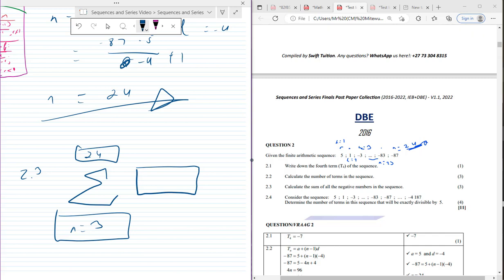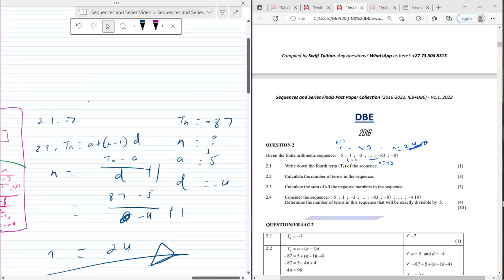24. Okay, and this is with the original sequence. So I can put the original sequence down as what was it? Okay, I guess this is the downside to doing what I did. This is going to be 5 plus n minus 1 multiplied by -4.